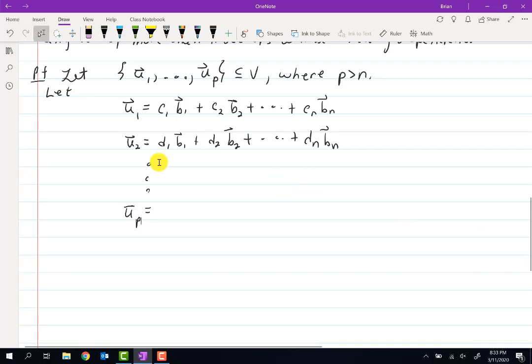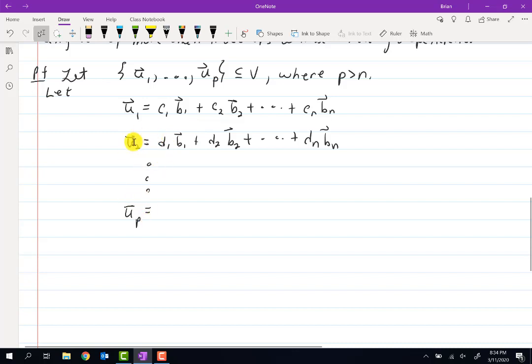I'm running out of letters to use. I got E, F, G. I don't know exactly where P goes to, so I don't know what letter to use for this. So I'm going to have to come up with a better scheme for listing these coefficients than I have been, because this is simply not going to cut it.